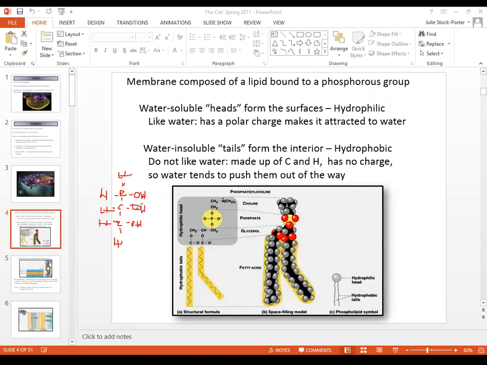Okay. So when we look at this molecule, which is the phospholipid, which makes up the cell membrane, the first thing I want you to notice is right here is where our glycerol is. Here's this molecule that we looked at last week.